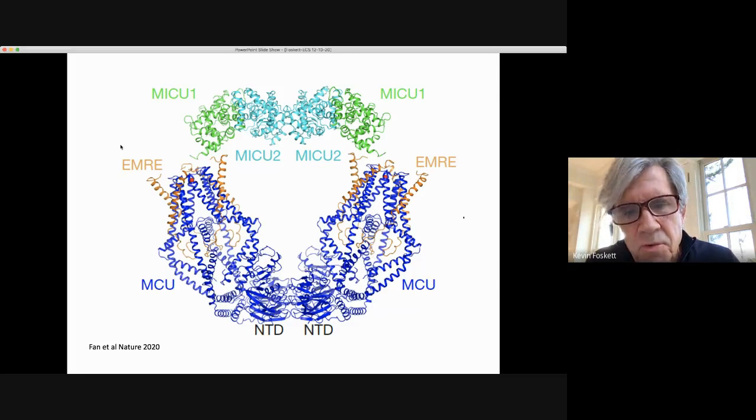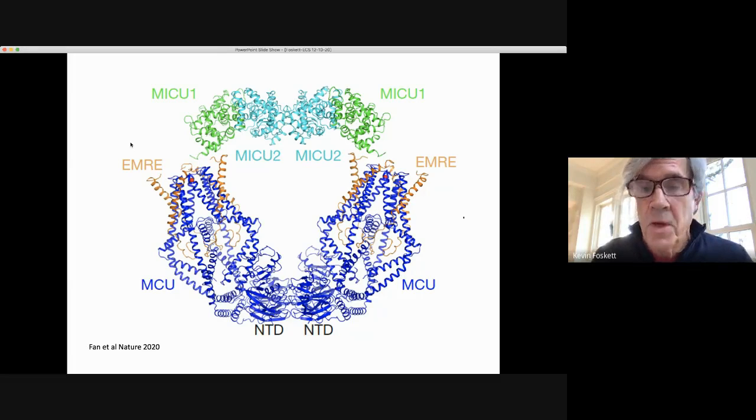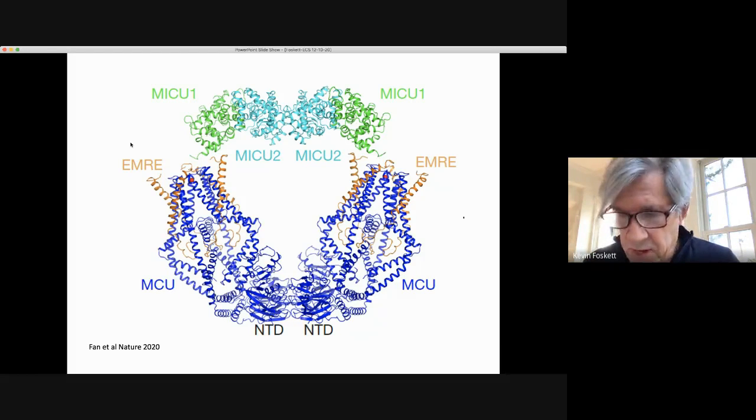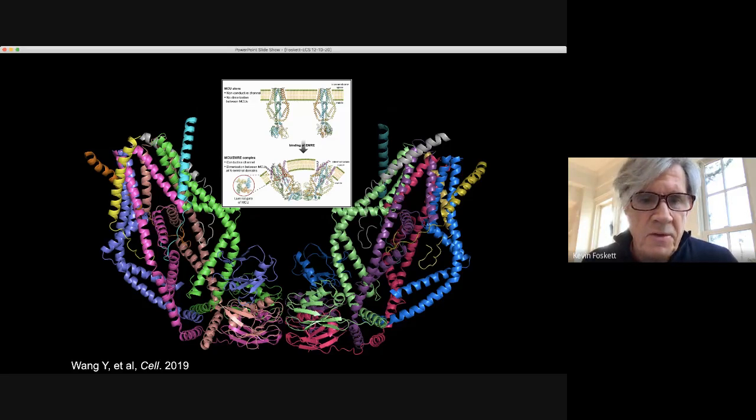So this structure was solved in the presence of calcium when one expects that the channel should be opening, permitting calcium flux. This is just another structure that was determined earlier by Wang et al., in which MICU1 and MICU2 were not in the complex.